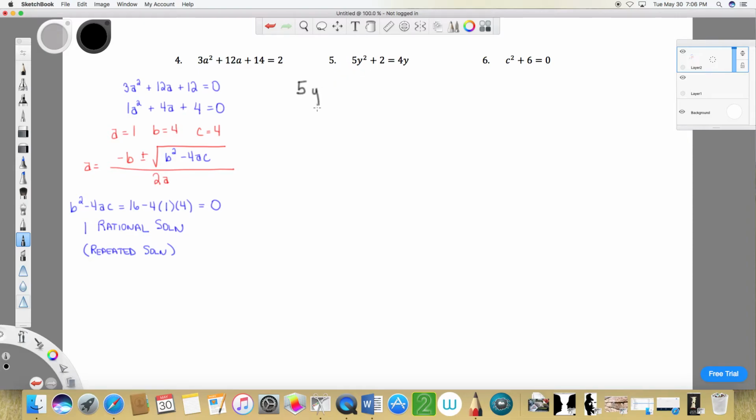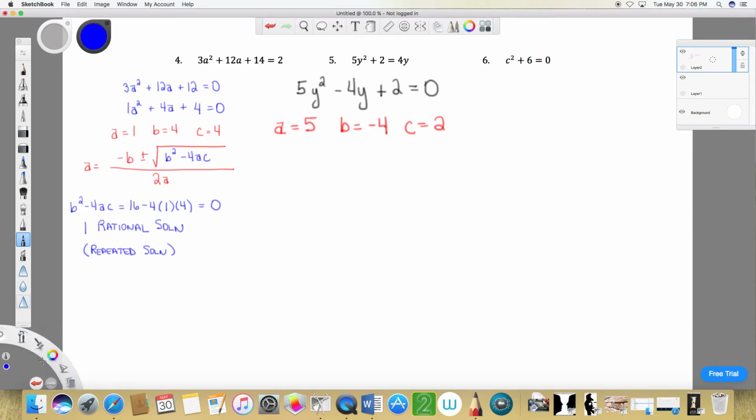We've got 5y squared minus 4y plus 2 is equal to 0. So from here we can identify a, b, and c. They're not asking us to solve this equation. They're just asking us to find the discriminant.